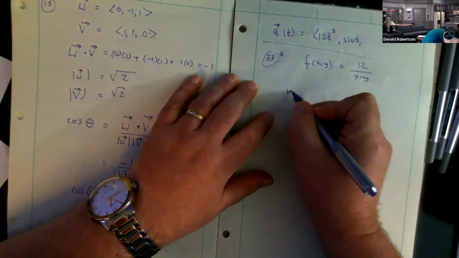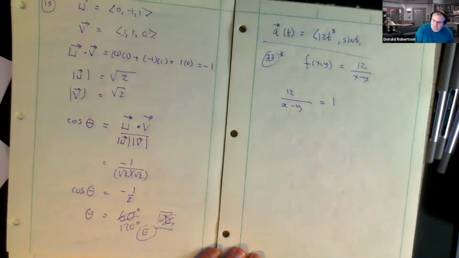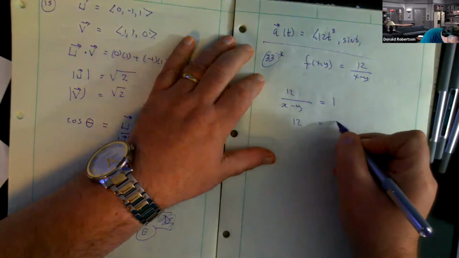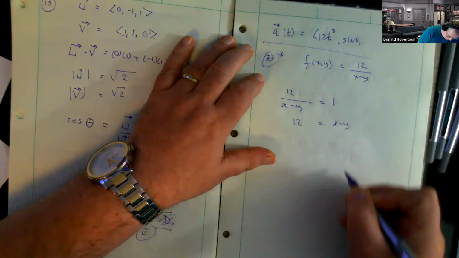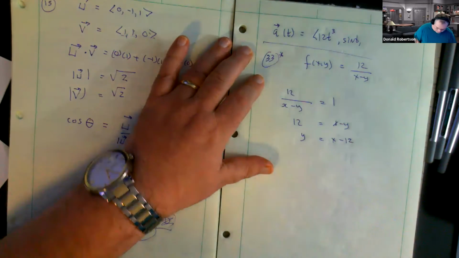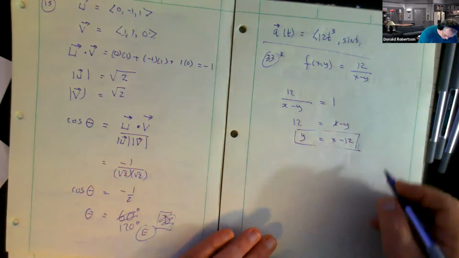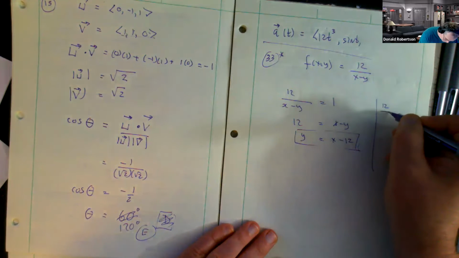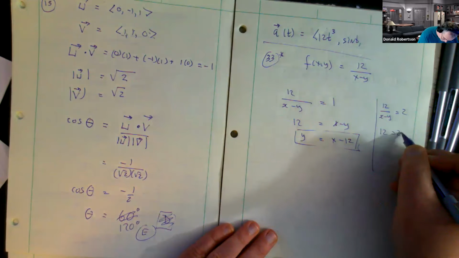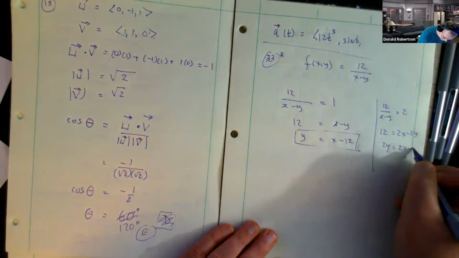So let's do k equals 1. Basically, you make the function a height of 1. If you cross multiply it, and then add a y and take away a 12, you get that. So that would be my first line. Now, if you do a height of 2, you get 12 equals 2x, take away 2y. You get 2y equals 2x, take away 12.